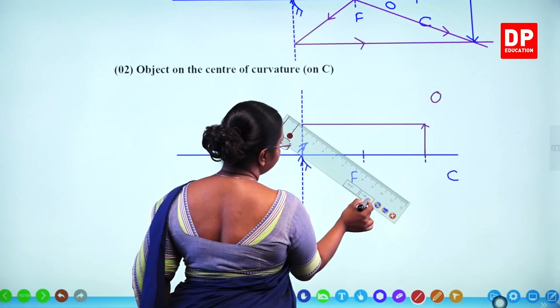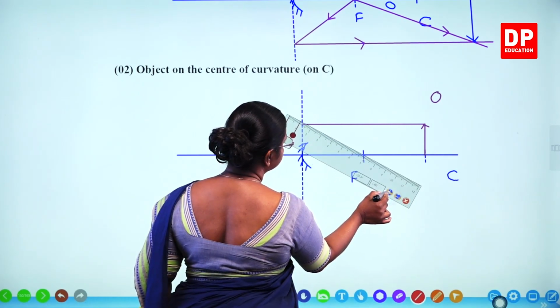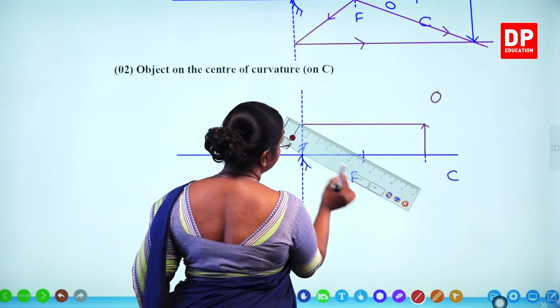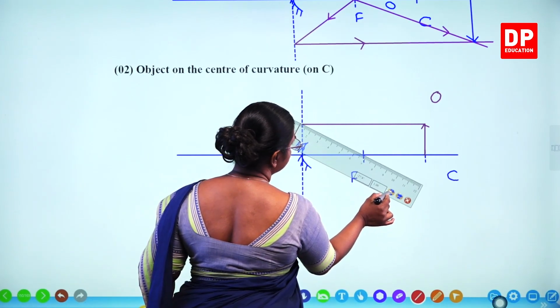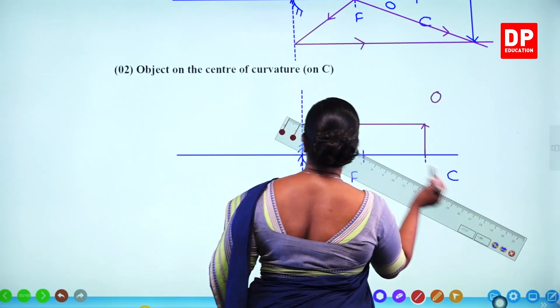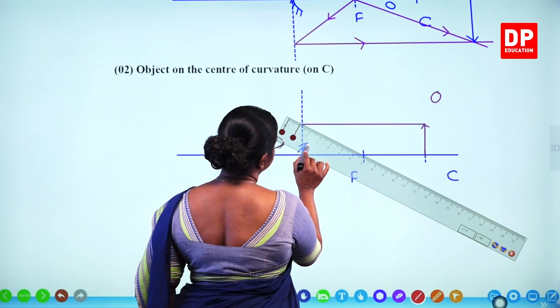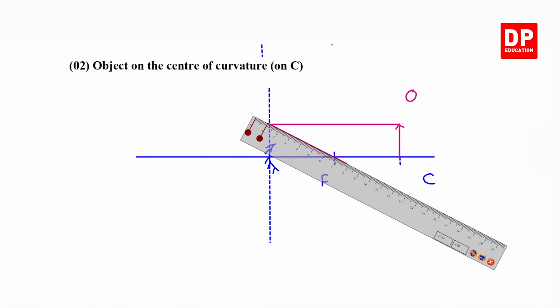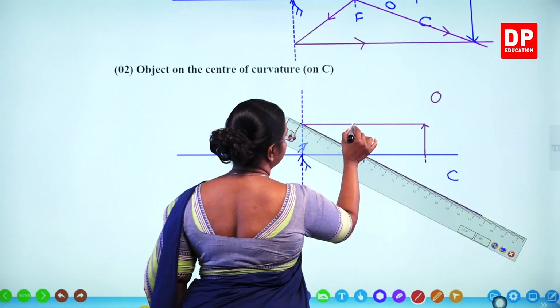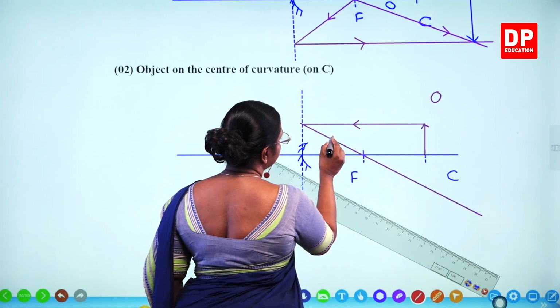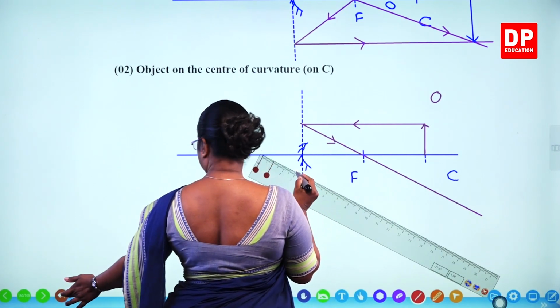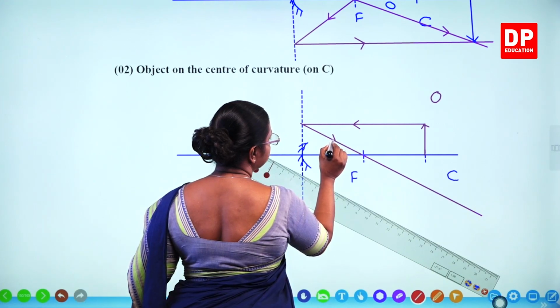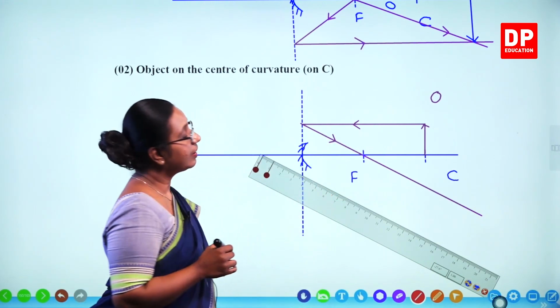It will reflect through F. It has to reflect through F. This has to go through F. Then what is the next step? We have to mark the direction of the rays to show what is the incident ray and what is the reflected ray.